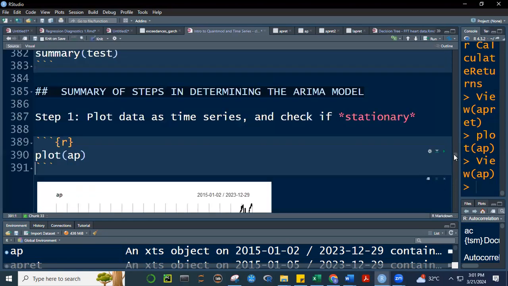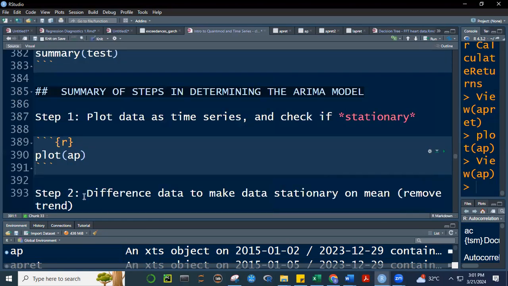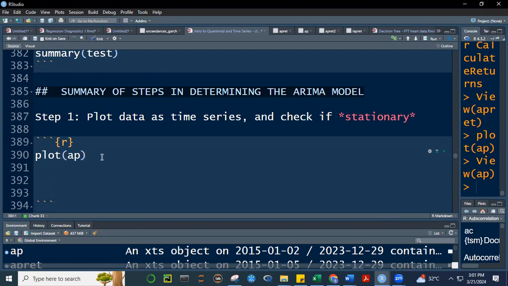To apply it here, our Apple is not a stationary data. So if you want to use the Box-Jenkins approach to model Apple, then you have to create a difference time series. I'm creating a DAP difference time series, which is just diff of AP.